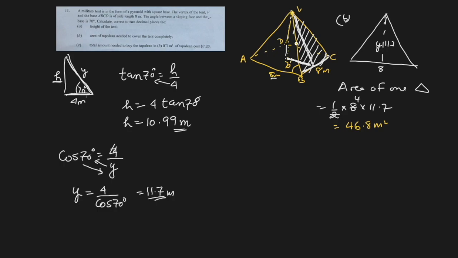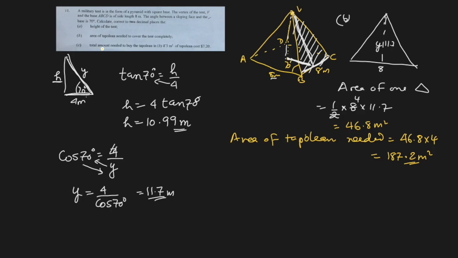This tent is made of 4 such triangles. So the area of tarpaulin needed will be 46.8 times 4, which will be 187.2 meters square. This is the total tarpaulin needed.